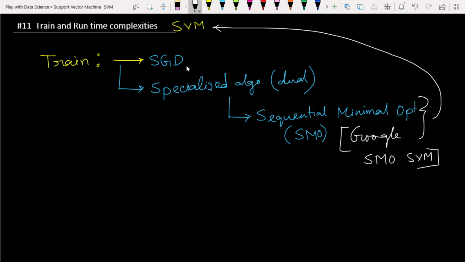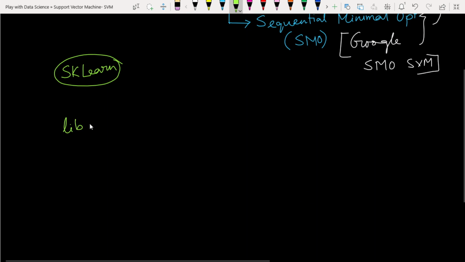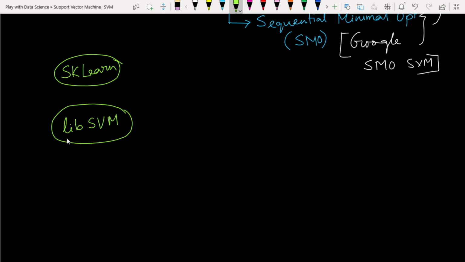If you know the Python language, there is the sklearn library, which has an inbuilt SVM model. But sklearn does not have an SMO SVM available. If you want SMO, there is a Python library called libSVM.